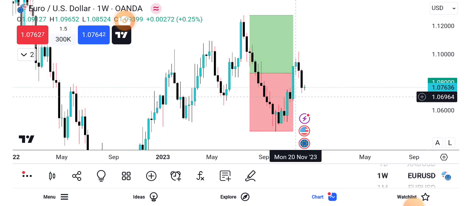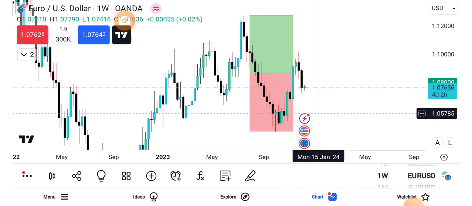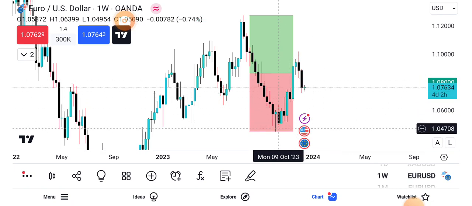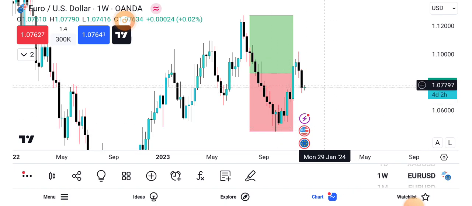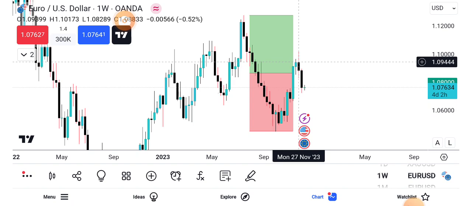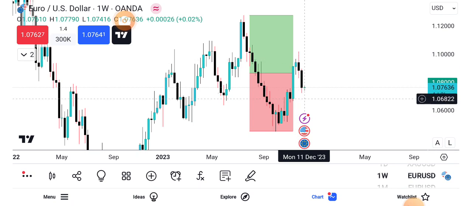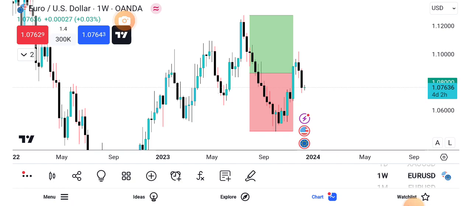I'm bearish for Euro USD for the next weeks. I want to see price retrace lower to these lows over here. So it reacted off from these buy side liquidity, and then we can see this retracement lower.